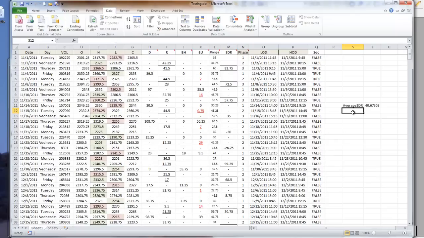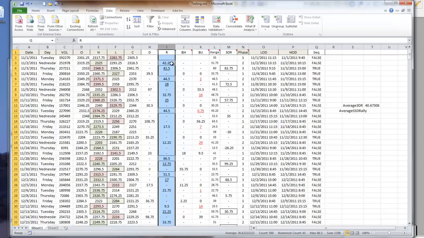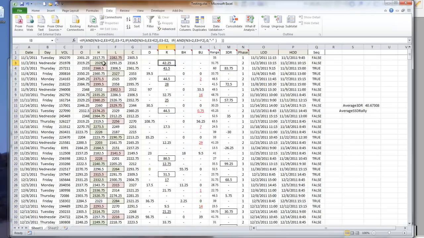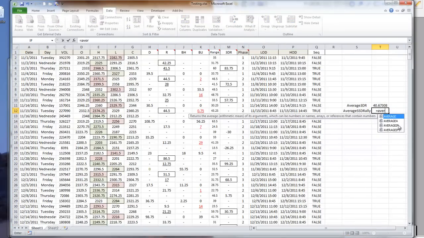Another thing you could think of is, what is the average short sell day rally? That is in this column. When we talk about the short sell day rally, that could be filled in 2 places in the same column. So to do that, we would probably use an average if.